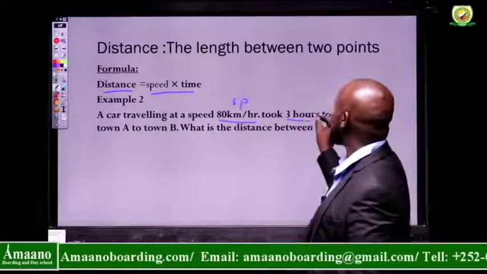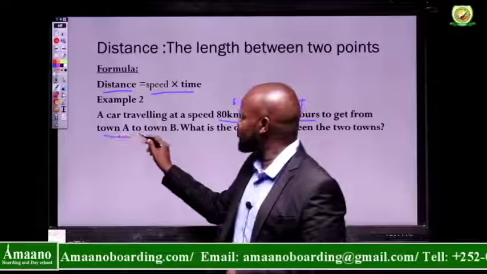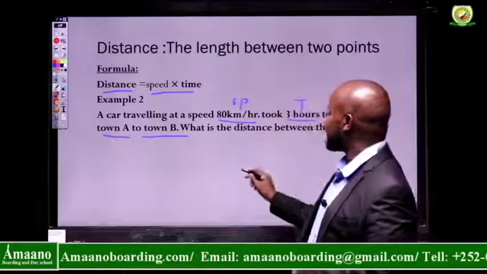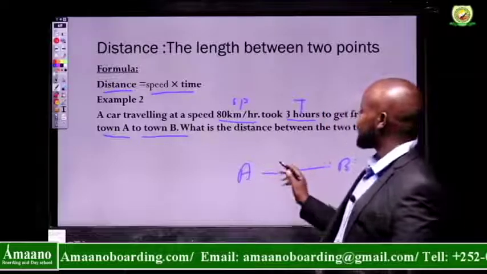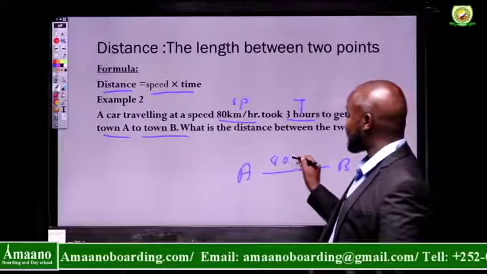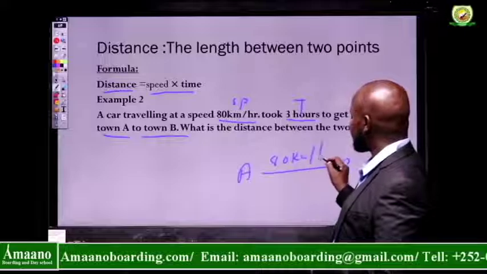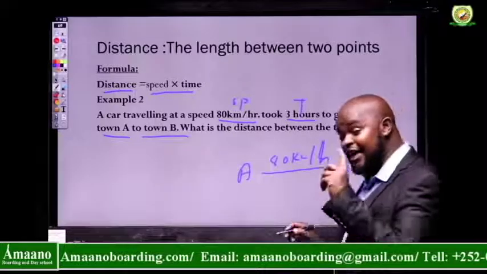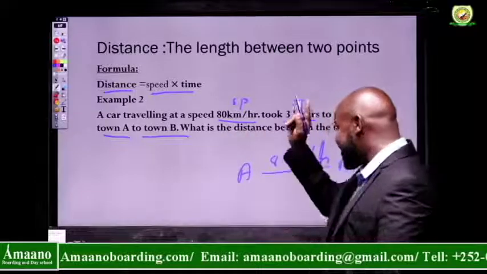And it took 3 hours, this is the time, to get from town A to town B. The speed the car was traveling is 80 kilometers per hour. In each hour, the car traveled 80 kilometers.